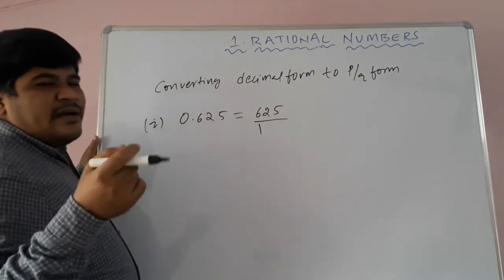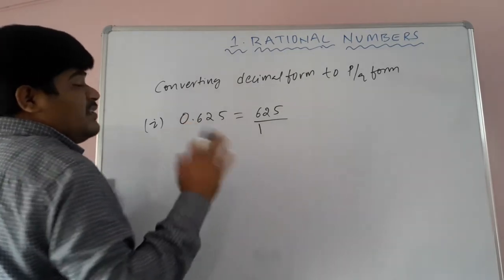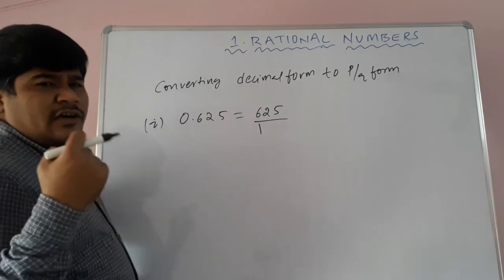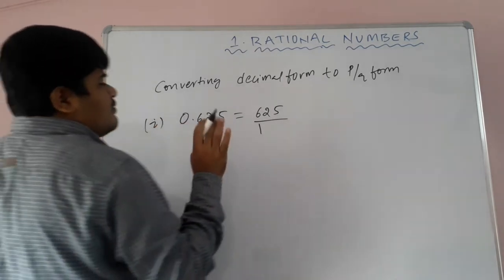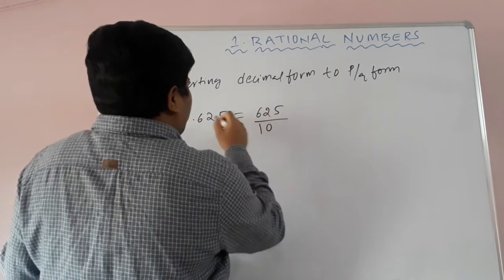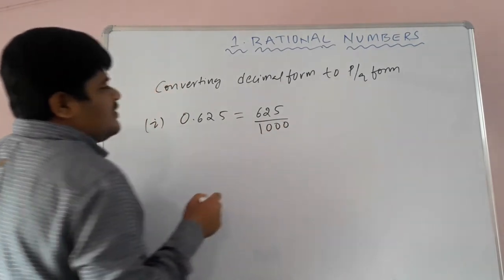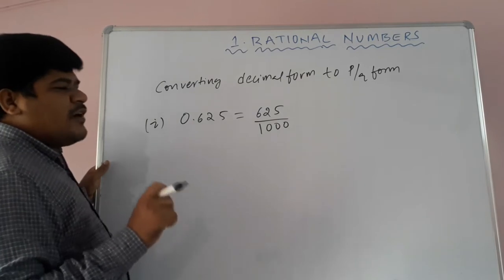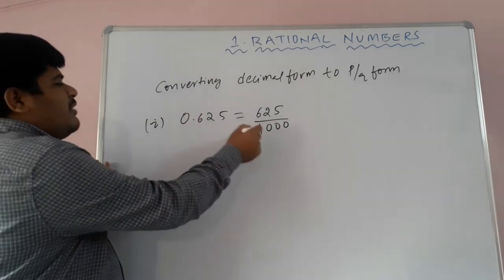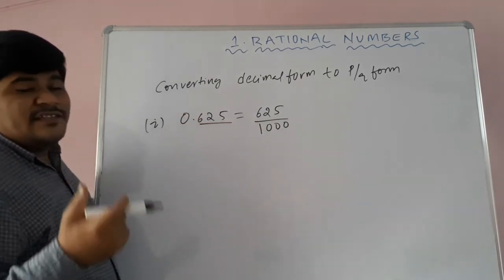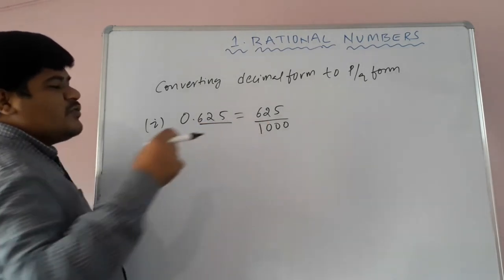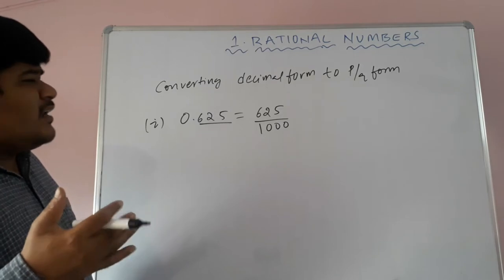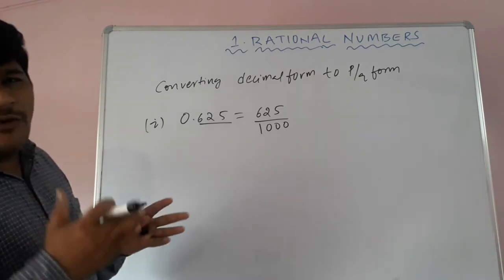And after the decimal point, just count the number of digits: 1, 2, 3. 3 digits are there, so I am taking 3 zeros. So that is 625 by 1000. So children, here we converted it into p by q form.